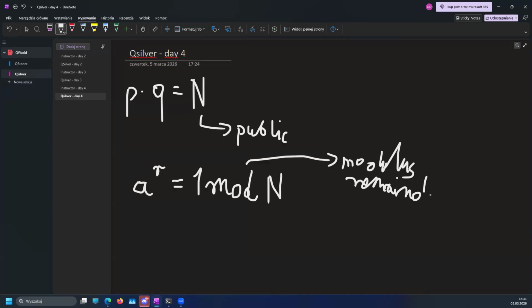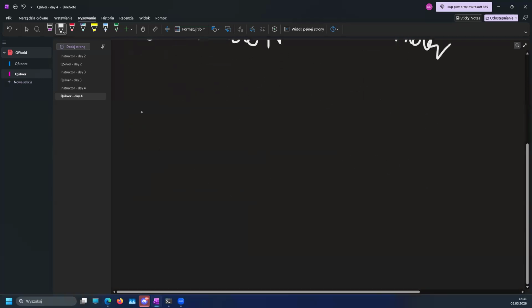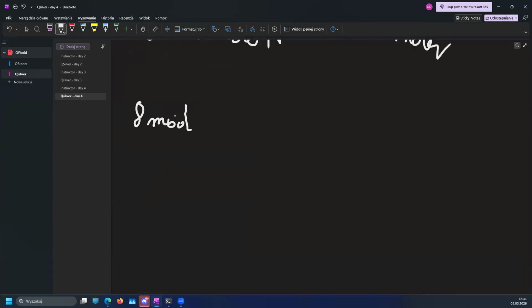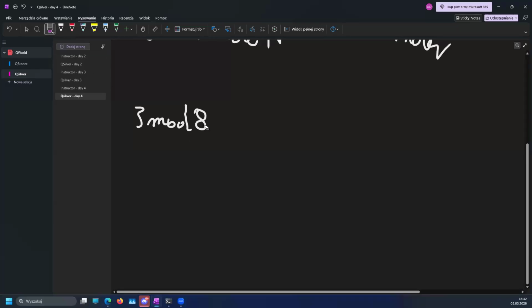So for example, if you have 3 modulo 8, it tells you that after dividing by 8, the remainder will be equal to 3.